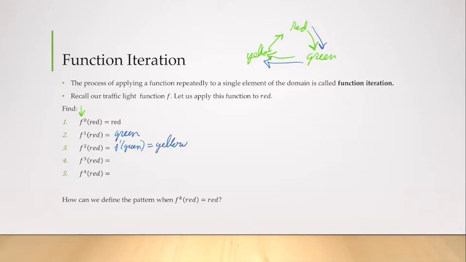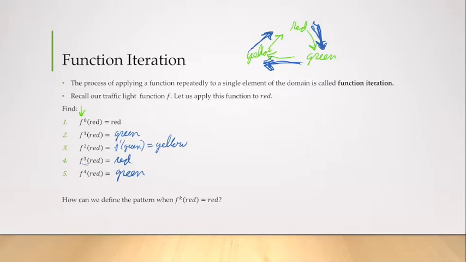And then if I take f^3 of red, that's really taking red 1, 2, 3, it's going to go back to red, and then f^4 of red would be 1, 2, 3, and then 4, and I would go back to green. So how can we define this pattern? When does f^k of red equal red?